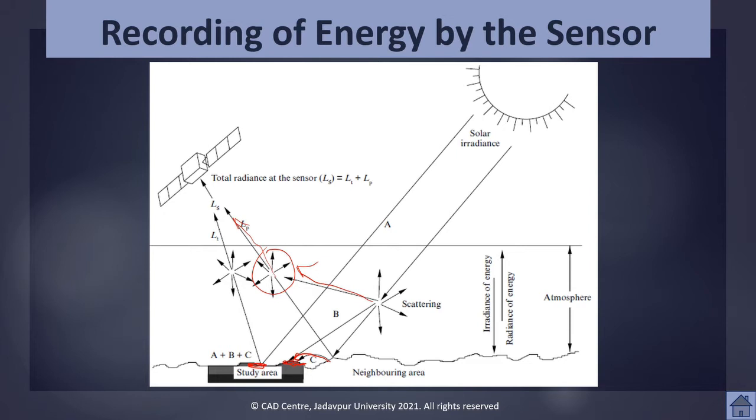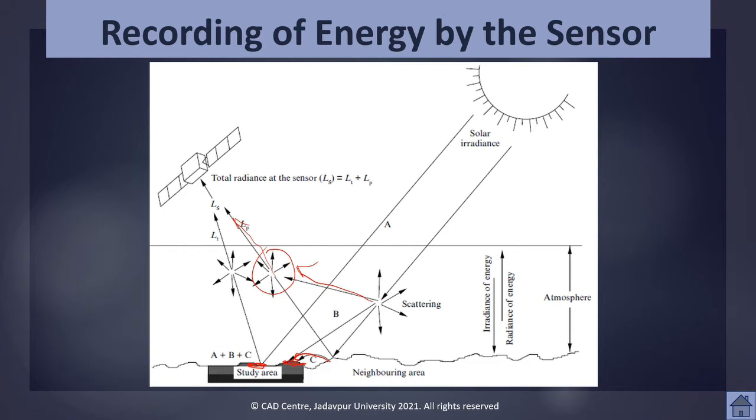Only a small amount of total radiance at the sensor is actually reflected by the terrain in the direction of the sensor system. It would be wonderful if the total radiance recorded by the sensor equaled the radiance returned from the area of interest. But unfortunately, the energy recorded by the sensor is not equal to the energy reflected by the terrain.